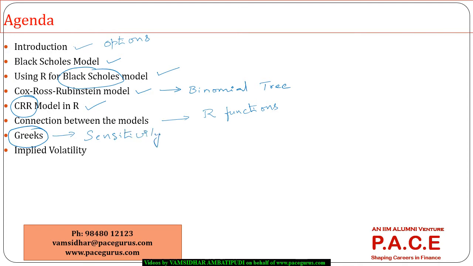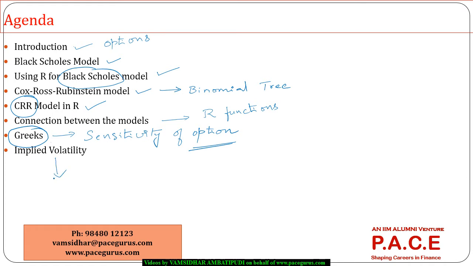Very interesting aspect, sensitivity of the option. How does the option premium or option price change when the stock price changes, or when the volatility changes, or when the time to maturity changes? So we'll try to have some understanding of how we compute the Greeks and what is the importance of each of these Greeks on the price of the option.